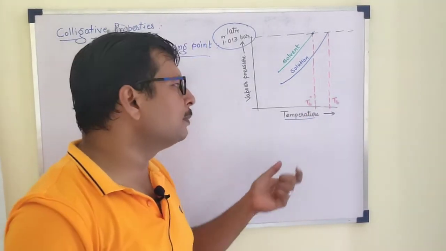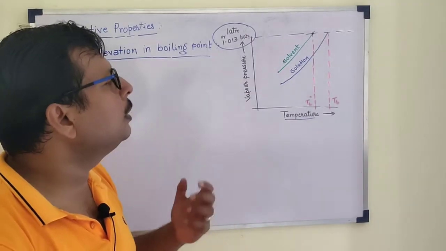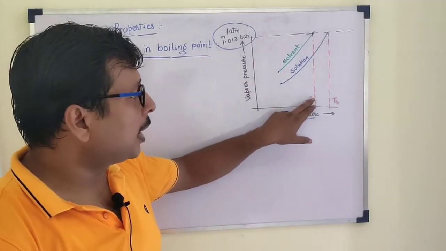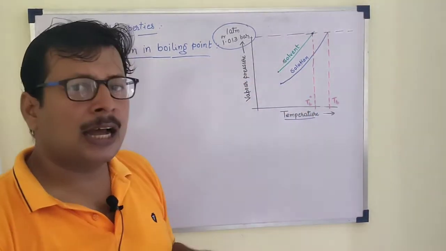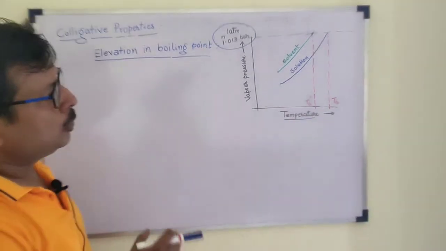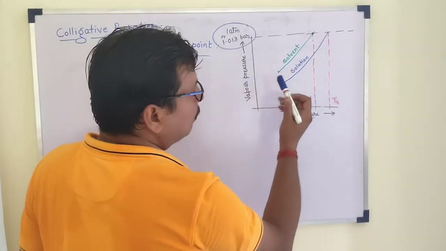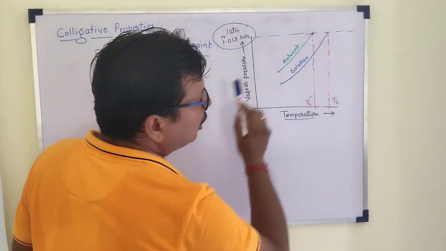This indicates TB is the boiling temperature or boiling point. Here I put naught, meaning boiling point of the solvent or pure substance. The blue line shows the variation of vapor pressure with the temperature for the solution.